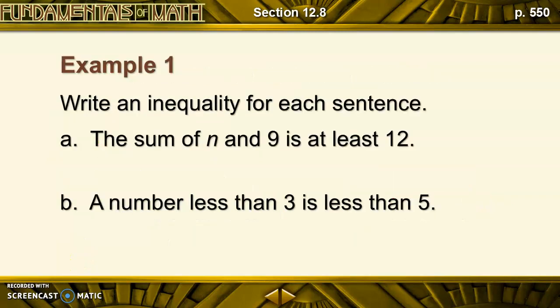All right, example number 1. Write an inequality for each sentence. And just like writing an equation, the first thing I want to do is figure out which inequality I am using. It says the sum of n and 9 is at least 12. So, is at least is the indicator for us of which inequality it is supposed to be.